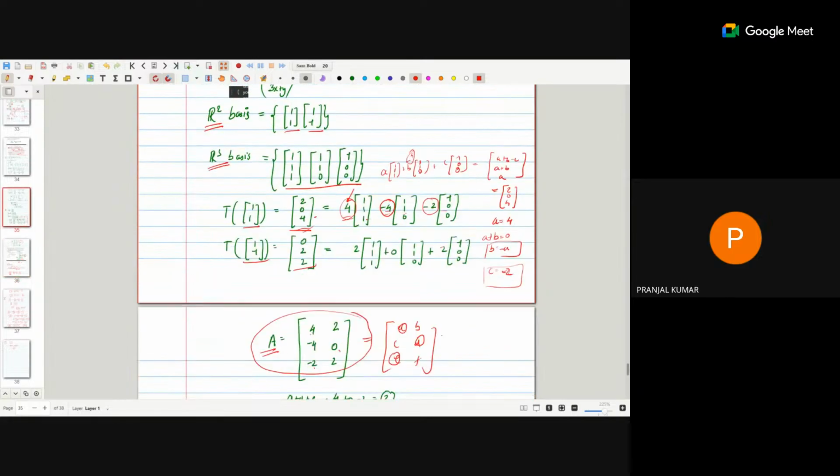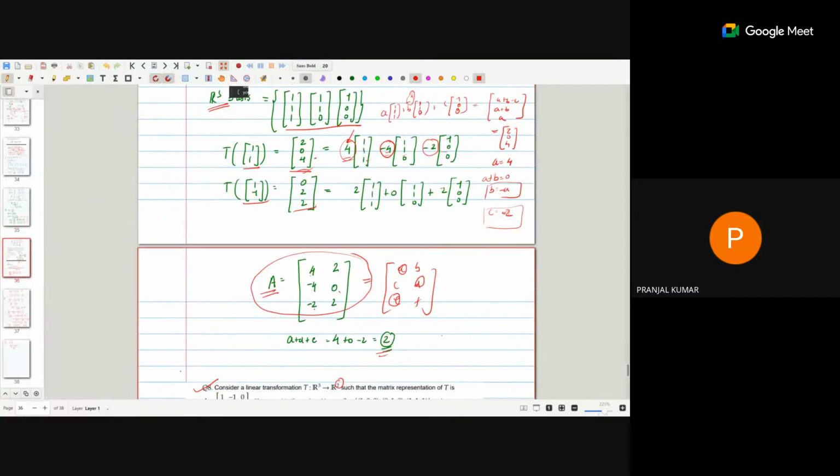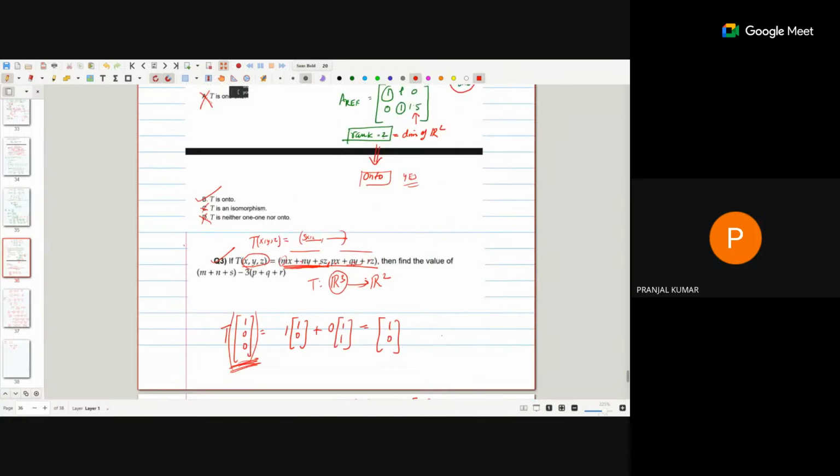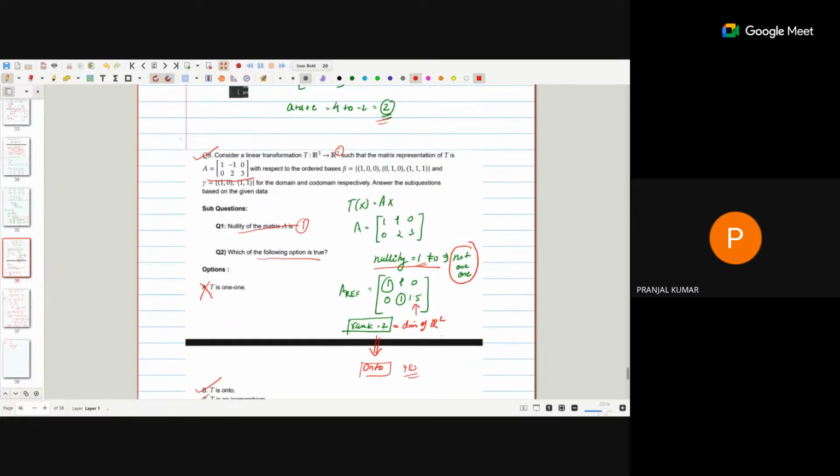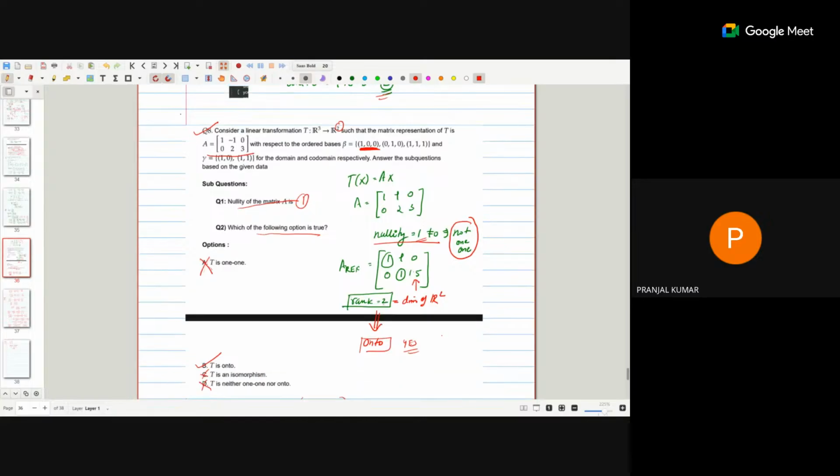You know that these numbers are in front of these vectors, right? So to find the image of T of 100, I am moving in the backward direction.